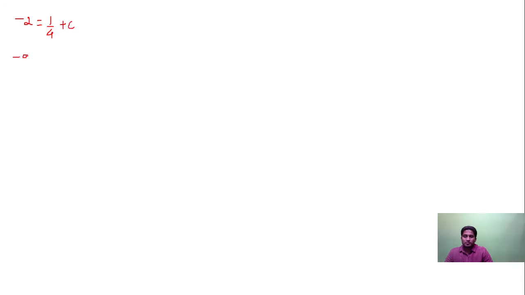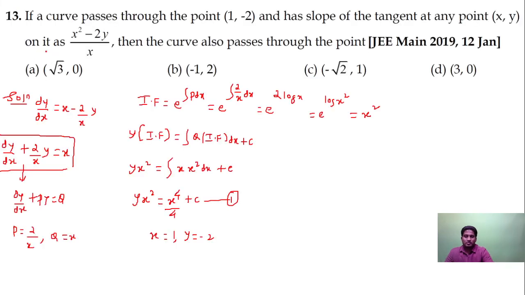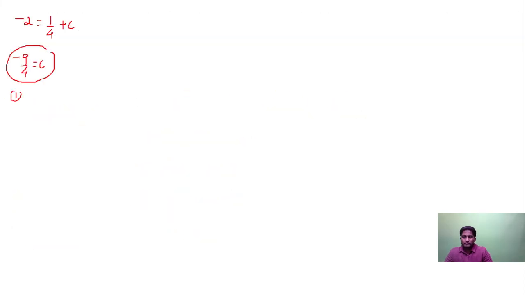So this will be equal to minus 9 by 4 is equal to c. You take the value of c and substitute in equation 1. You get y into x square is equal to x to the power of 4 divided by 4 minus 9 by 4. I should check which of the following options will satisfy this. First option will be equal to root 3 comma 0.